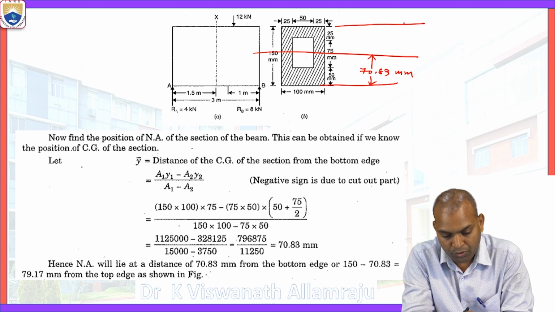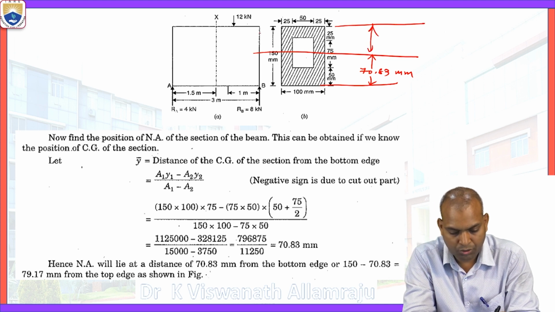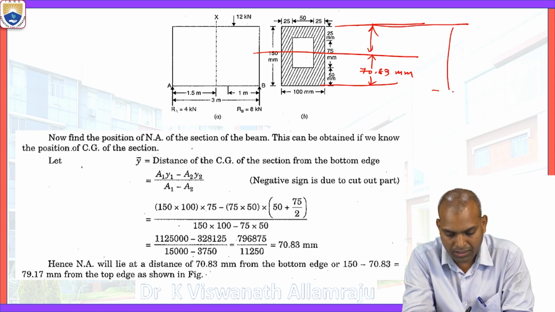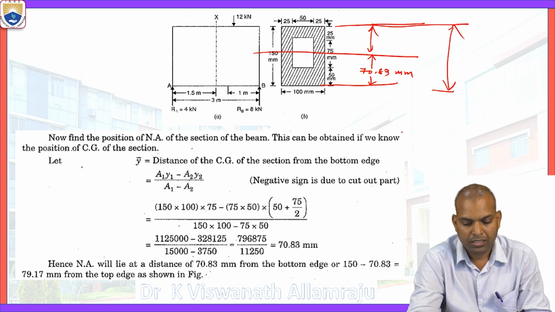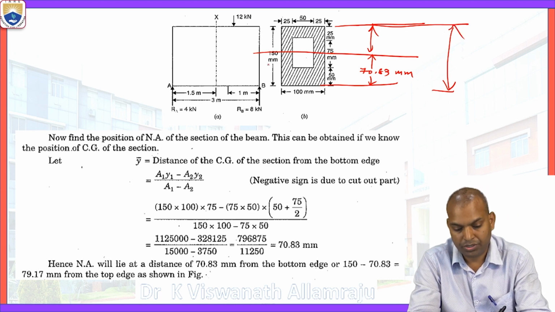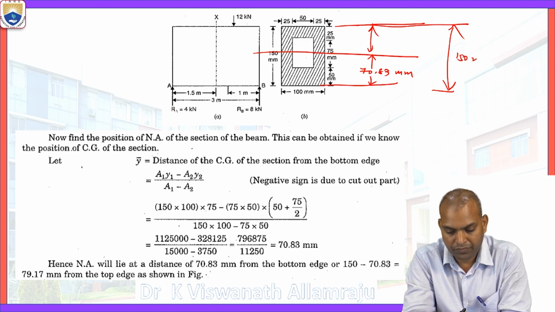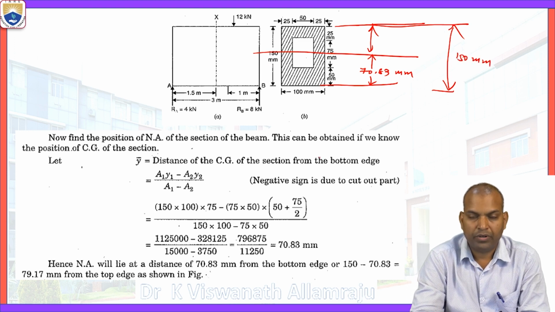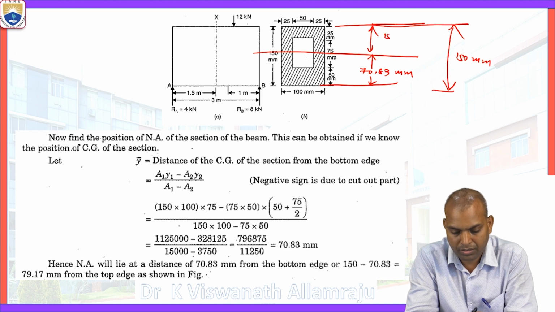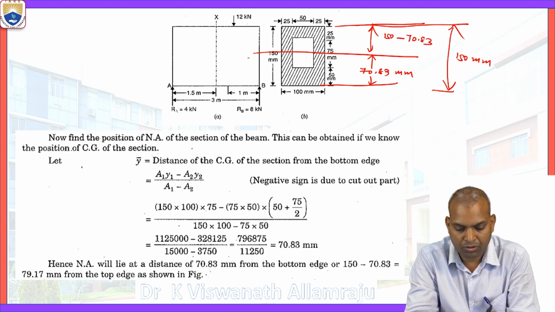If you want the distance from the topmost layer, it is the total distance minus 70.83. The total distance is how much? 150 millimeters. So 150 minus 70.83, that is the centroidal distance, that is the neutral axis.